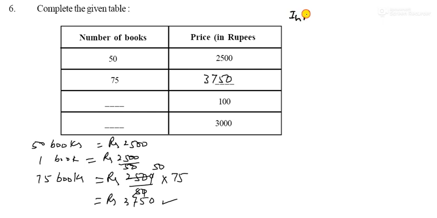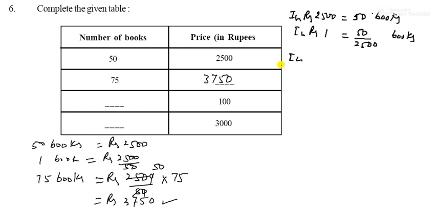Now what will happen in this? In 100. So how can we find this? So let us see, 50 books. Now 25 rupees. So you can write in rupees 2500. Here is 50 books. So you can write 50 books. So in rupees 1 there is 50 upon 2500 book.